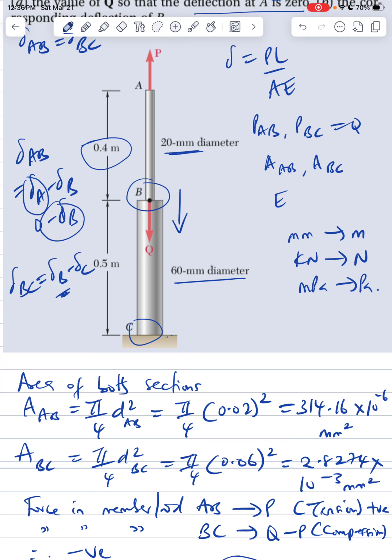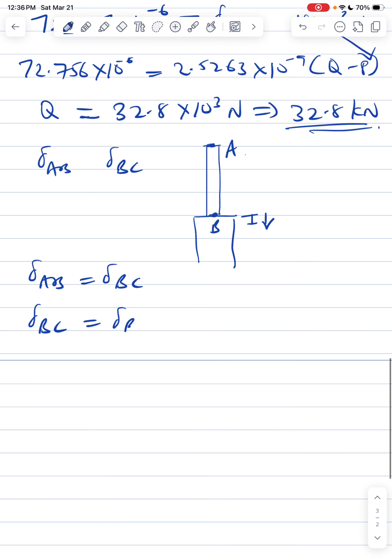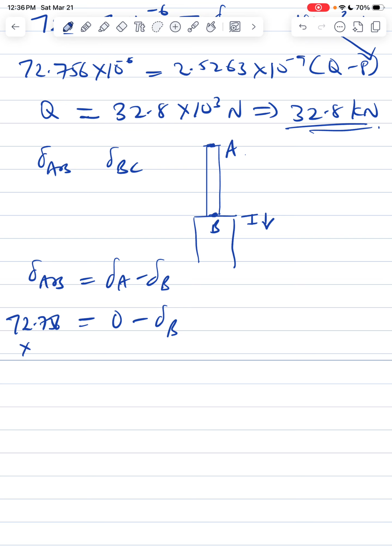But it has delta B and it's coming downwards. C is supposed to be acting with the force acting upward, right? So the same way, you have that here. So this is 0 minus delta B, equals delta AB, and delta AB is 72.756 times 10 raised to the power minus 6.